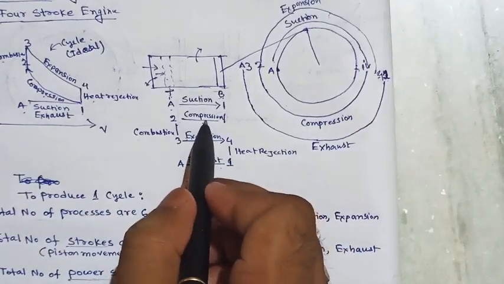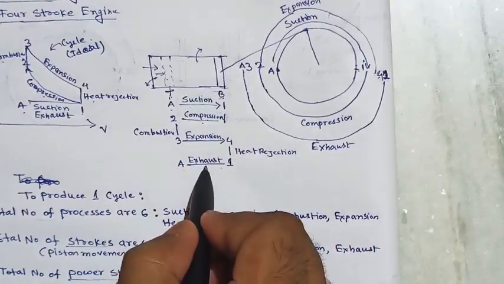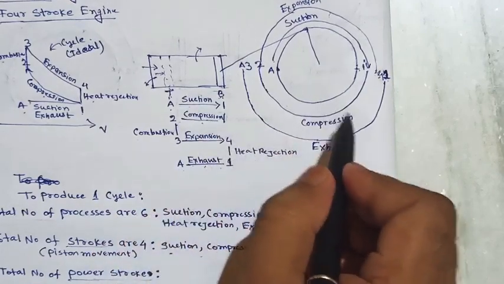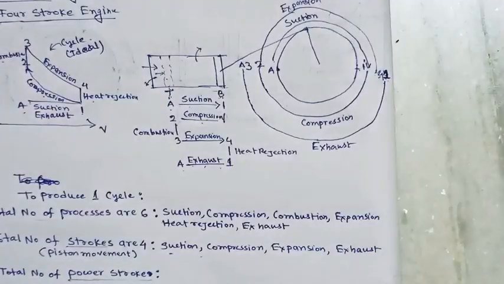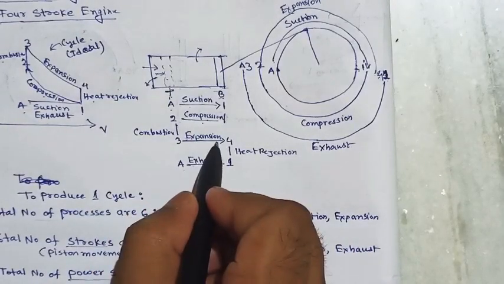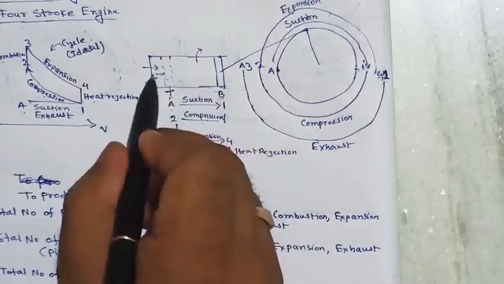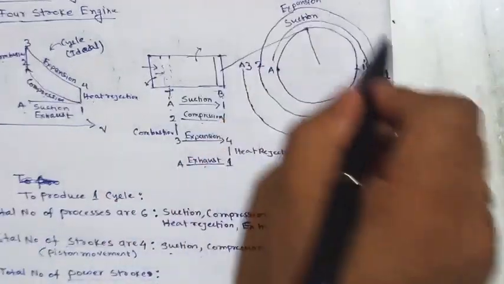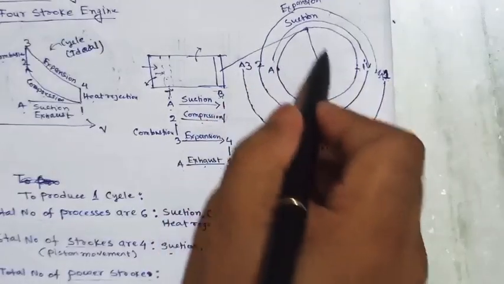The suction, compression and exhaust processes are given rotation by the expansion process. Actually in the expansion process the piston moves by the combustion of the fuel, and this power automatically rotates the crank.